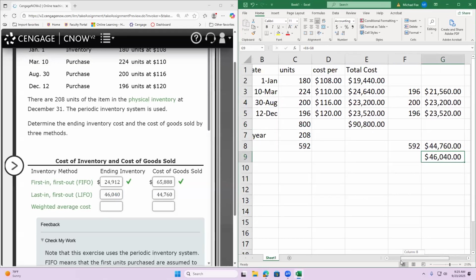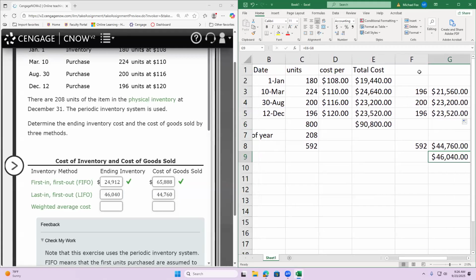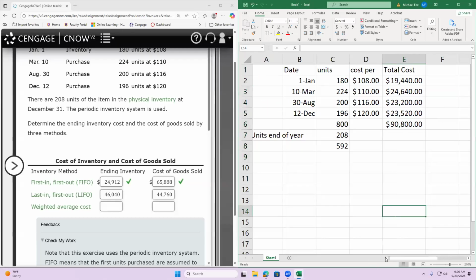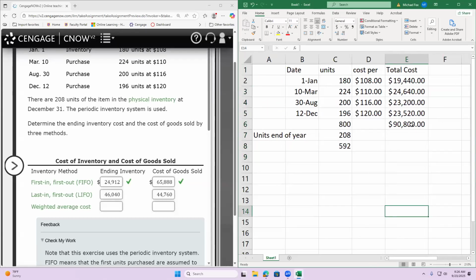Finally, the last strategy is simply to take the weighted average. To do the weighted average, all I would do is find an average cost. So I had 90,800 in total cost available, and I had 800 units.